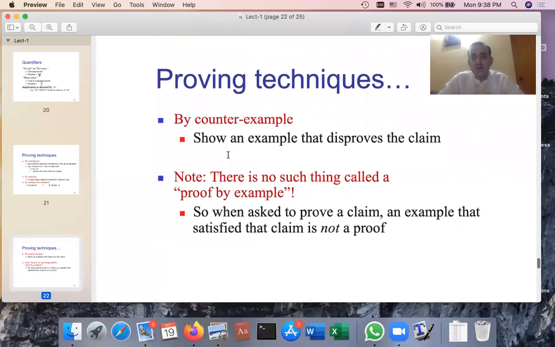And then counter example. Any theory in the world can be disproved if you have a single example against those theories.